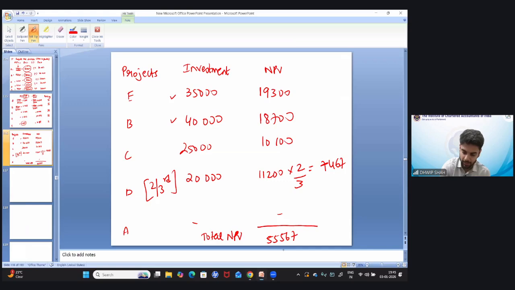So 55.6 they have rounded off to the nearest hundreds. Followed. Everyone understood this when projects were divisible, that is independent or that is part is possible.